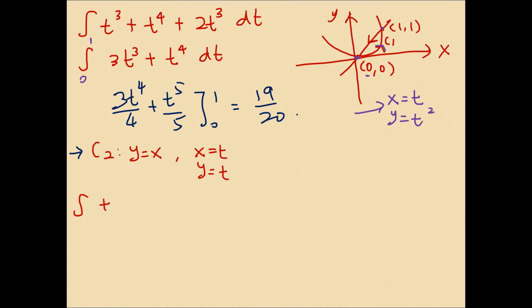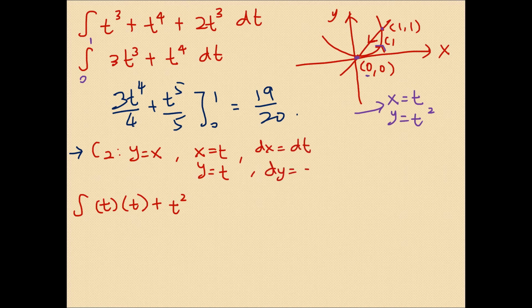So x is equal to t, y is equal to t as well, plus y squared, t squared. dx is what? Differentiate it, you will get dt, right?